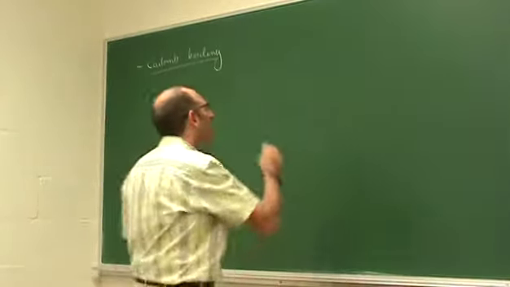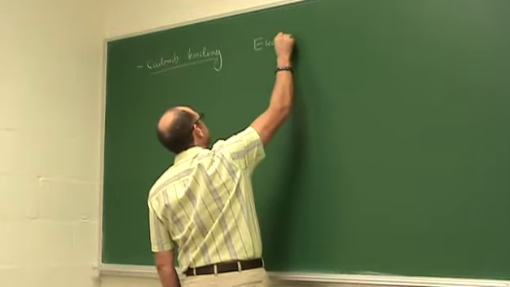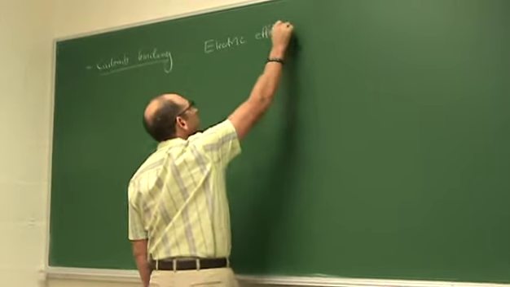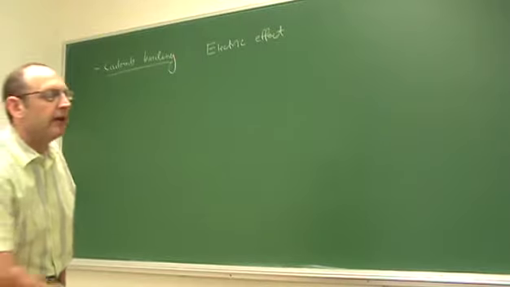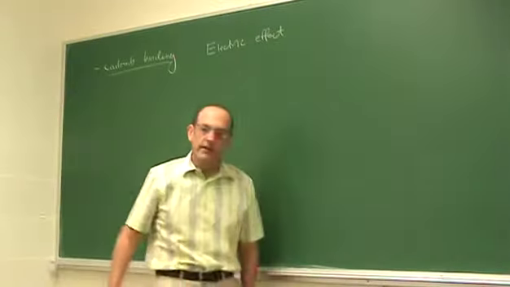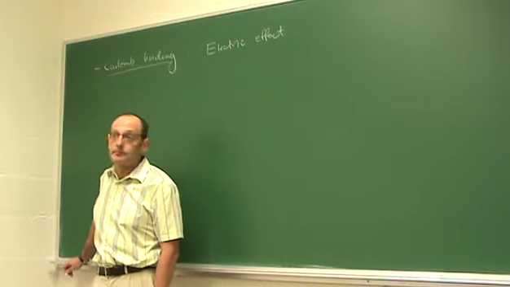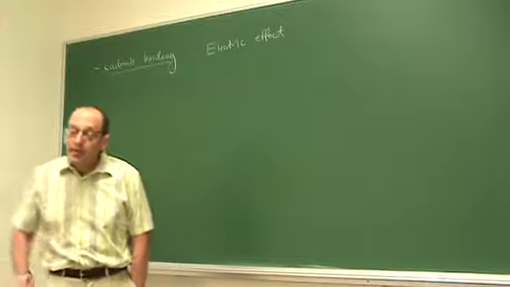So this was an electric effect. And this is the dominant effect that determines the structure and energy levels in atoms and molecules, or matter in general. Normal matter, that is, of course.